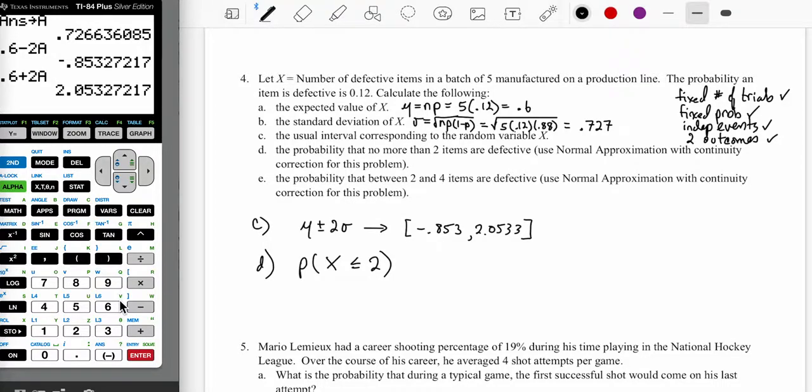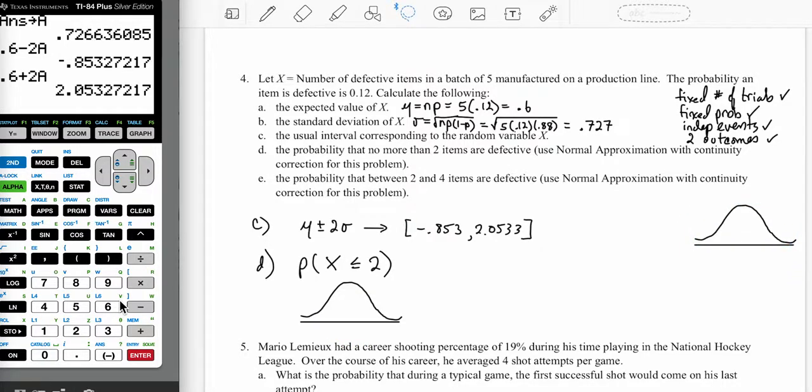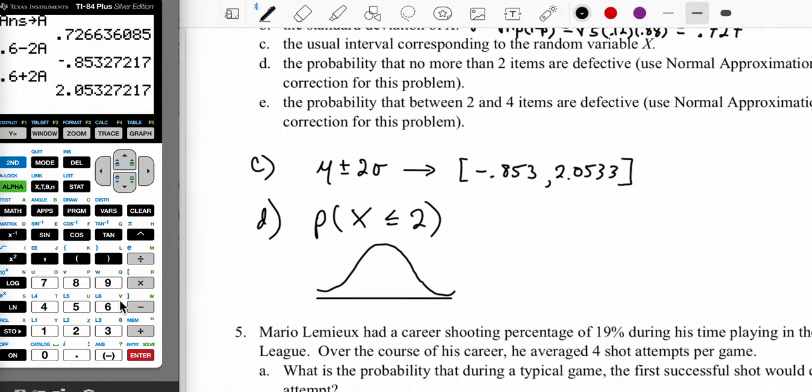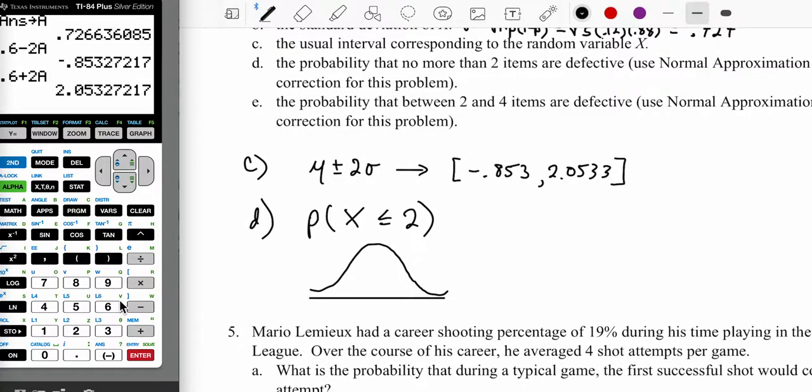I need a little diagram here. I always screw it up on the right-hand side. Not too bad. Let me keep one of those over here for safekeeping to use later. So the mean again is 0.6.